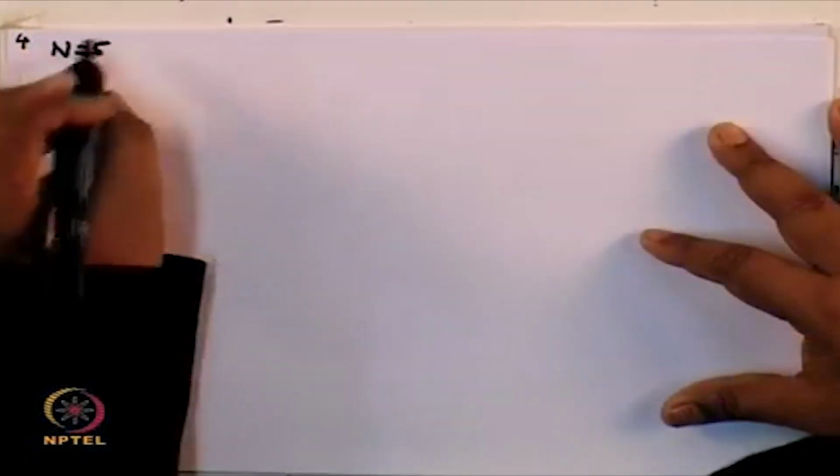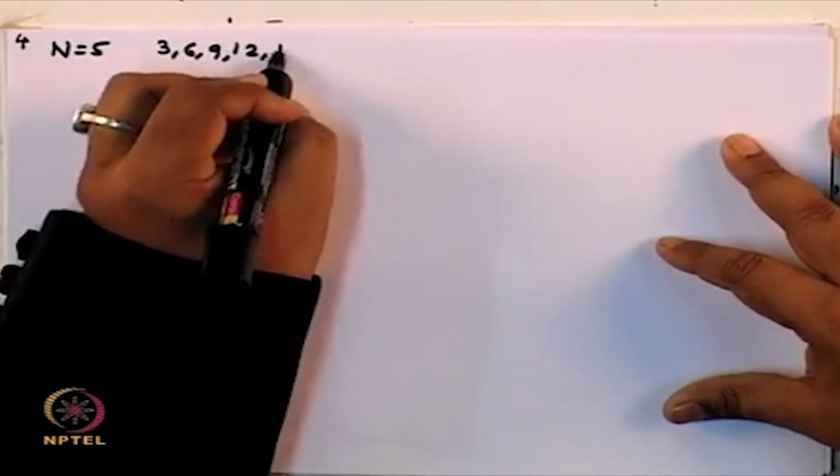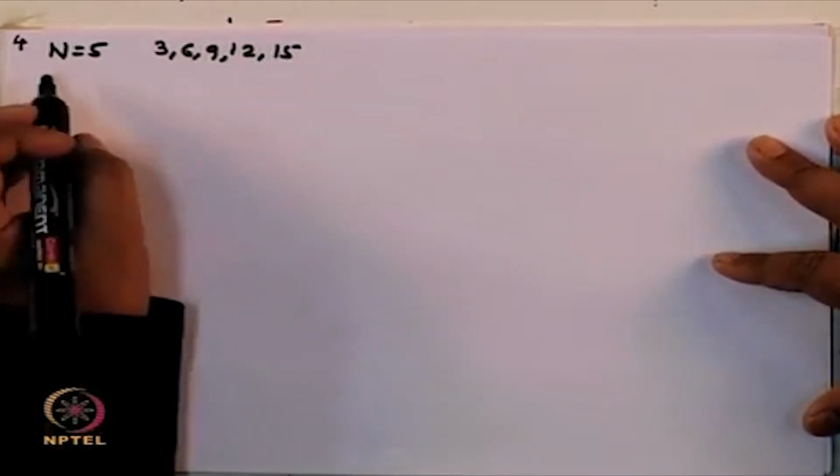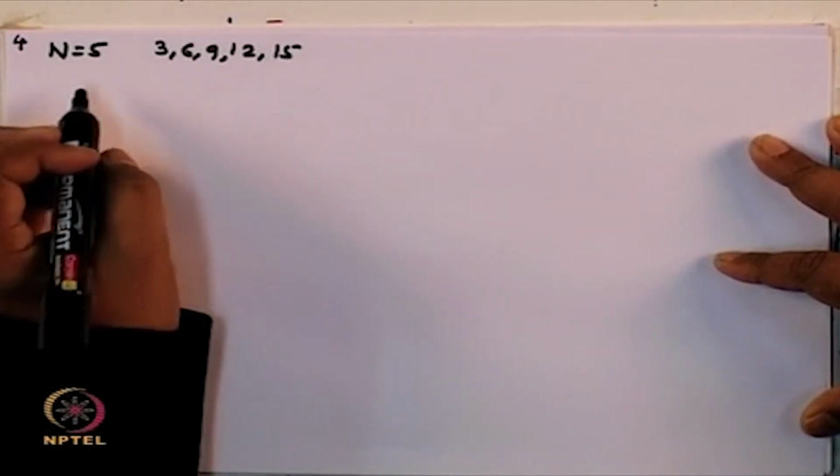Okay. So, let us see how we will determine the sampling distribution of the mean and the median. Once again your n equal to 5, and your numbers are 3, 6, 9, 12 and 15. In how many different ways can you draw 3 numbers from 5 numbers?